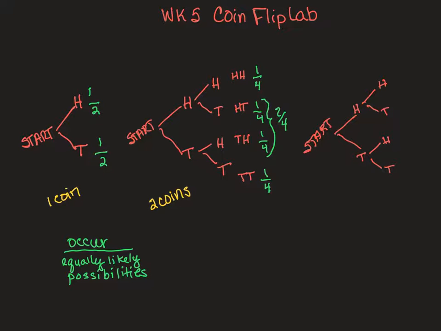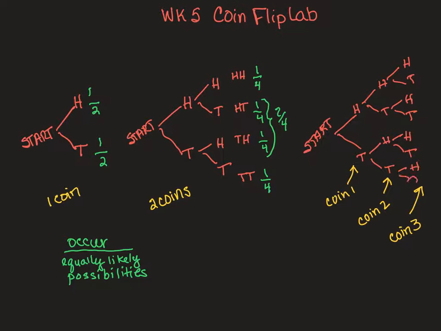So this is coin 1, this is coin 2, and now I'm going to add coin 3. I can again get a head or a tail, in each of the four places.